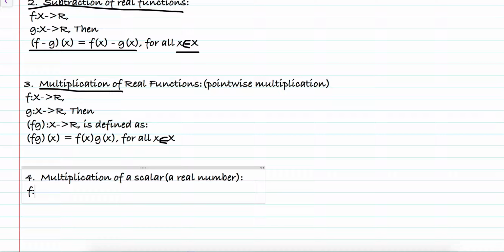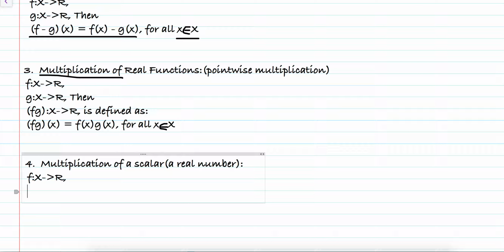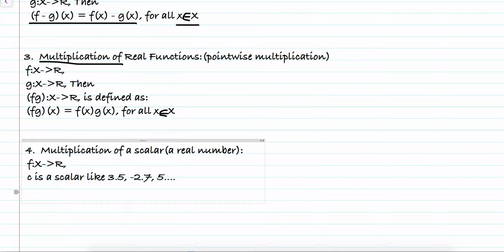So f is a function from X to R, and c is a scalar like 3.5, minus 2.75, anything. So c is a scalar value.